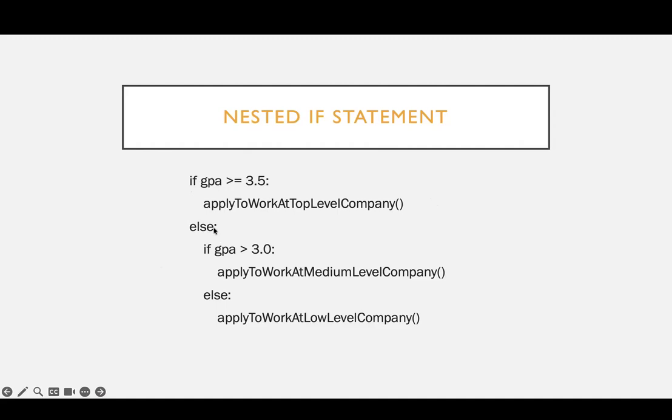Else, that means GPA is less than 3.5. And then we continue to break it into two more conditions. If GPA is greater than 3.0 but less than 3.5, we're going to apply at a median level. Else, that means GPA is less than or equal to 3.0. So we apply for work at a low level company.